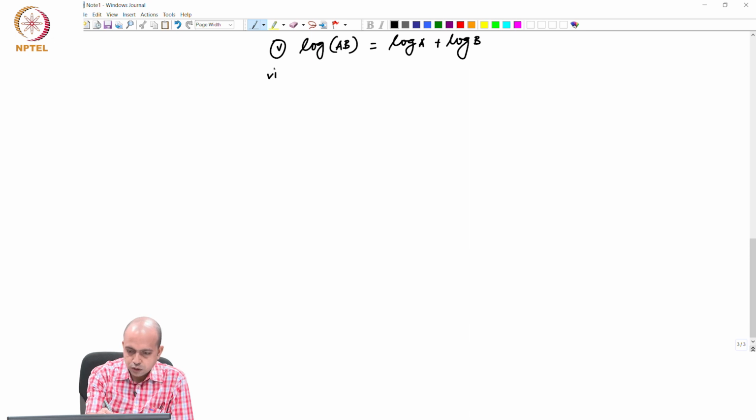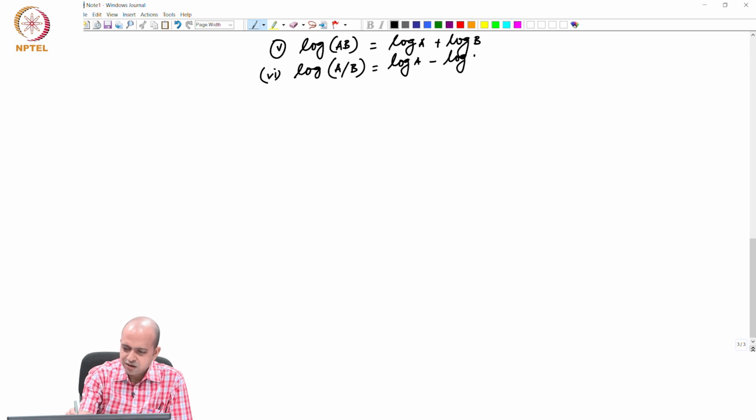Then log of a by b equals log a minus log b. These are some important properties of logarithm that we are going to use here. So, we have understood why logarithmic transformation is required and some of the important properties. We are going to use natural logarithm for our purpose.